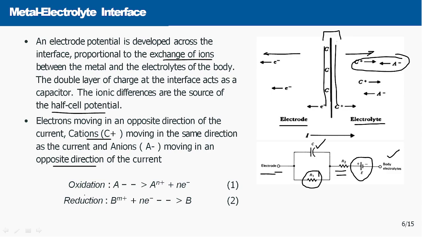In the oxidation process in the metal electrode, A becomes A plus, leaving behind electrons, that is, generating cations. In the reduction process, electrons are added to form the neutral atom.